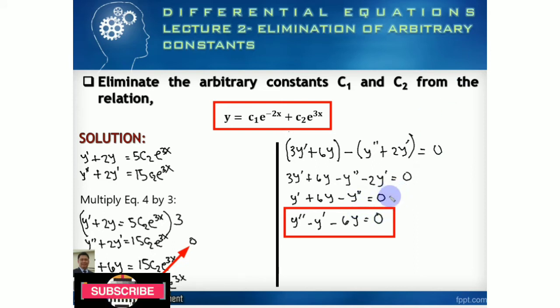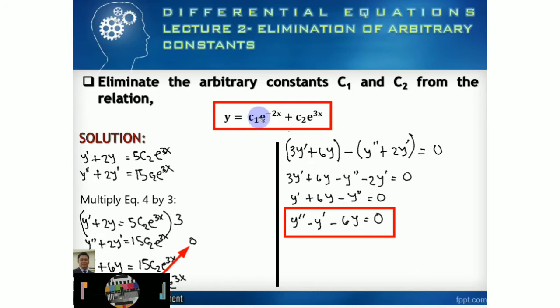Okay, so as a gist for this problem, this relation y is given, so you take this one as your equation 1. Okay, so after getting the equation 1, you get now the first derivative of this one and take that one as equation 2.